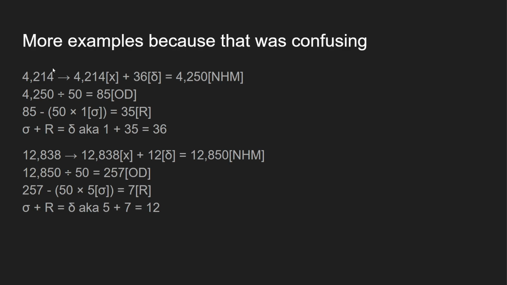Remember, we originally added 36 to this value to get 4,250 in the first place. So because that is the case, that goes back to our original logic that proves that this value is simply this value minus one instance of 85, I guess, is what it is, right?